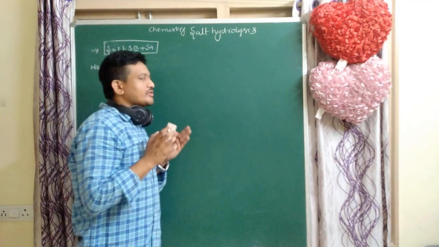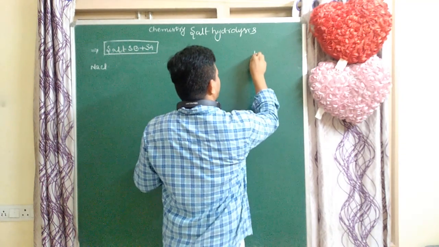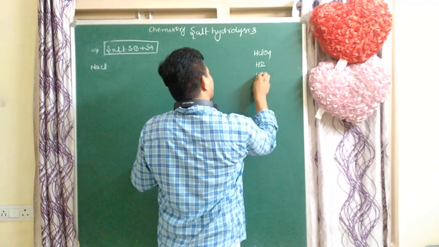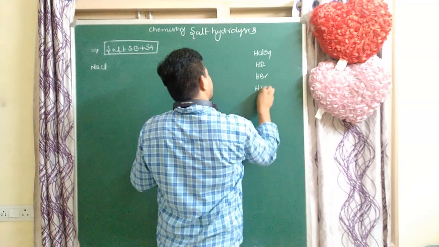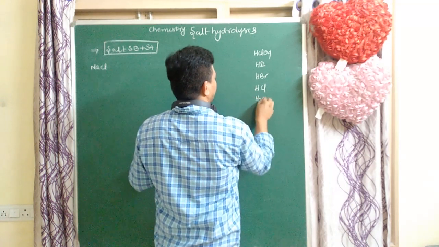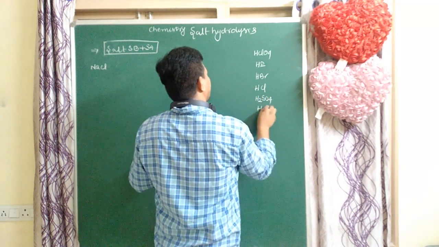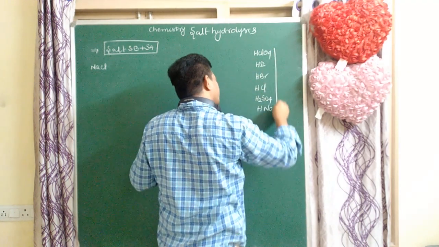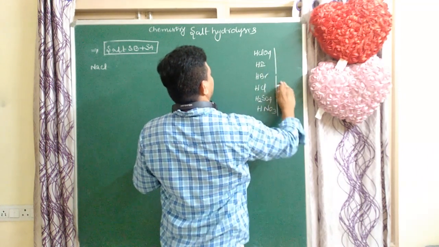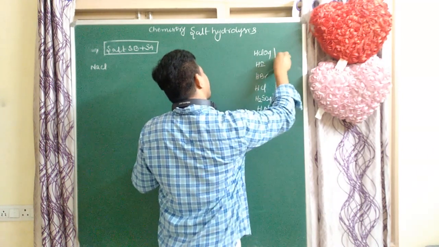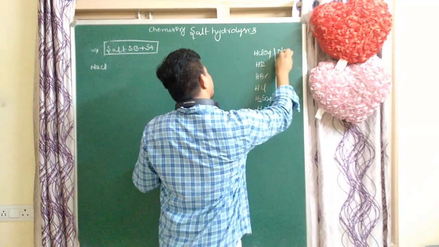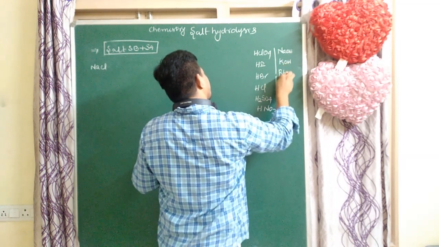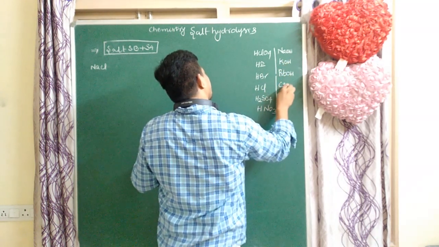Here some important strong acids are HClO4, HI, HBr, HCl, H2SO4, HNO3. These are very strong acids. And some strong bases are NaOH, KOH, RbOH and CsOH.